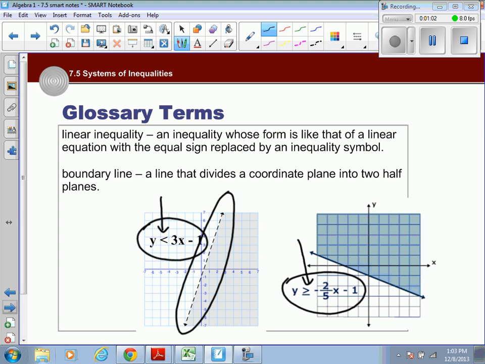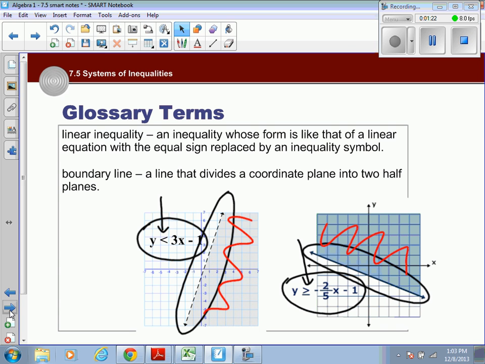And notice how it's dashed, and we'll explain that later. And then this would be the boundary line for that linear inequality. And again, that's a solid one. Also notice how the two graphs have part of it shaded as well. We'll discuss those things in the next few slides.